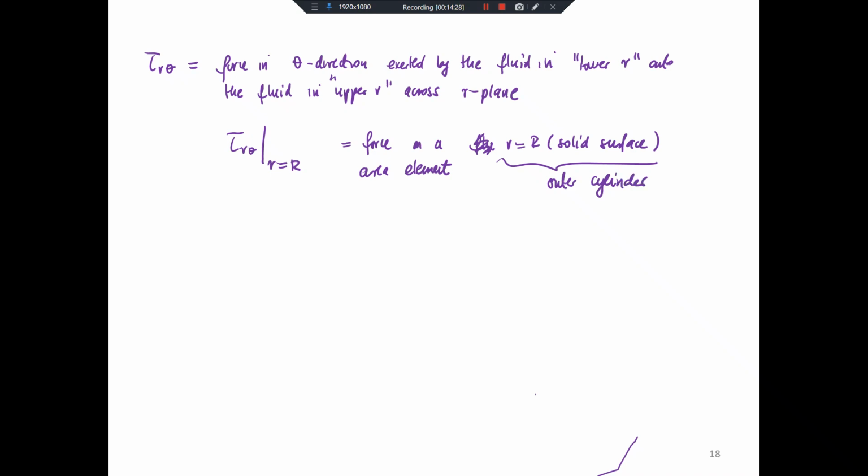Excellent. Now how do I get tau r theta? We have to look up in the appendix how to calculate it. I already have V theta of r.